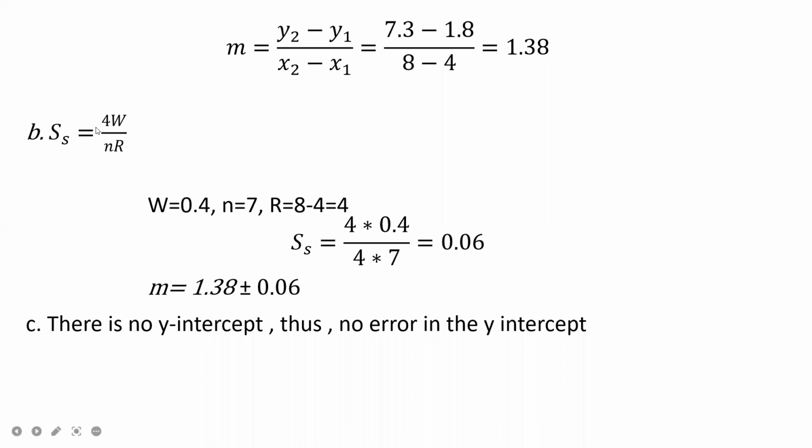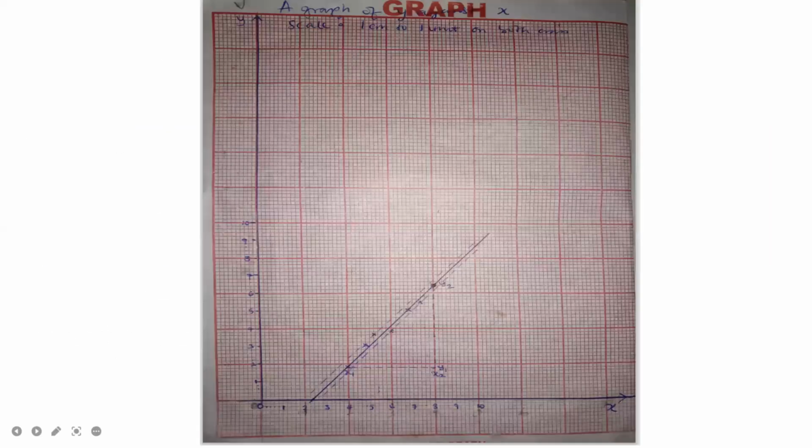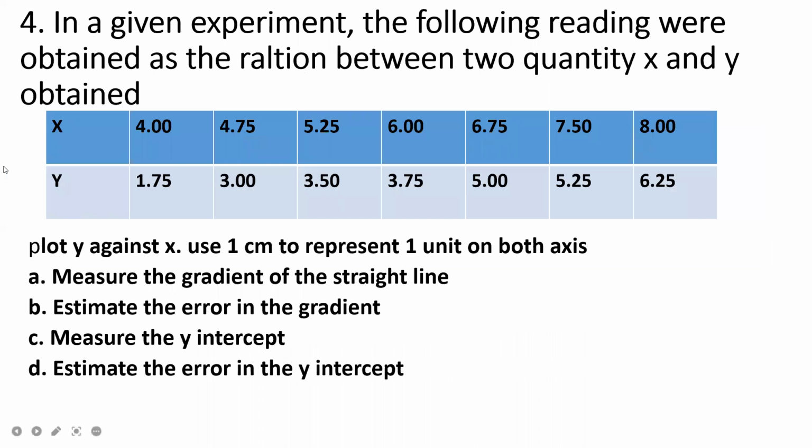Now we have our standard error in slope to be 4w divided by n r, where w is the vertical scatter, n is the number of points plotted, and r is the horizontal range. Now let's go back. If you look at this plot here, our horizontal range is 8 minus 4.